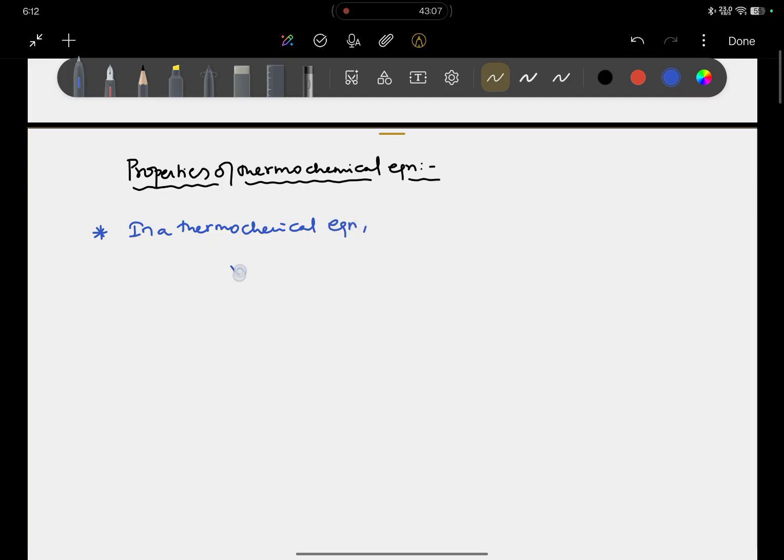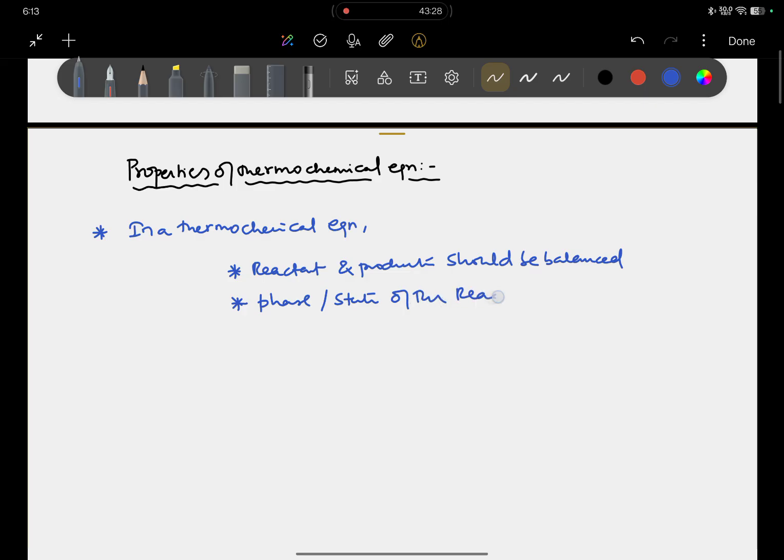Basic requirements. Number 1, reactants and products should be balanced. Number 2, the phase or the state of the reactants and products to be mentioned. Number 3, delta H value to be written.